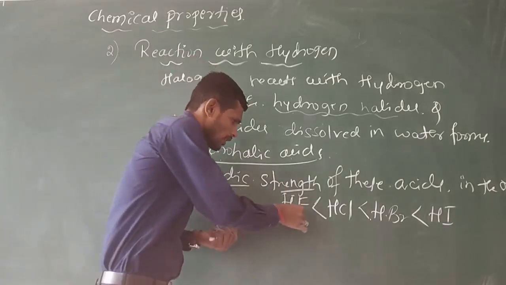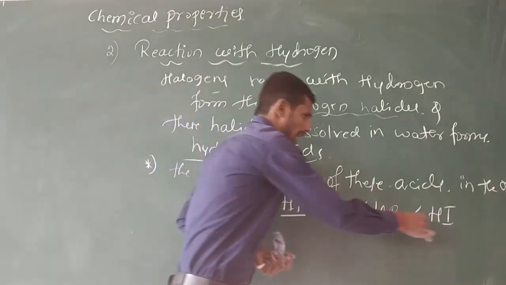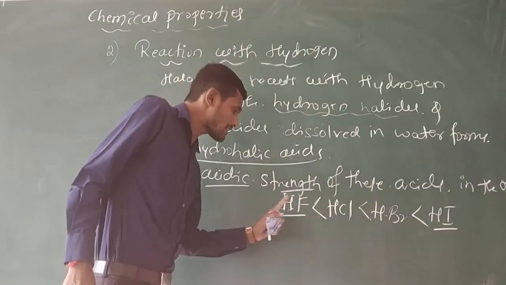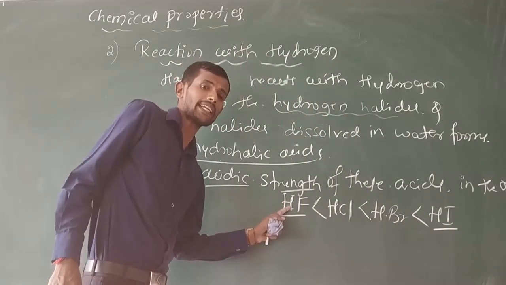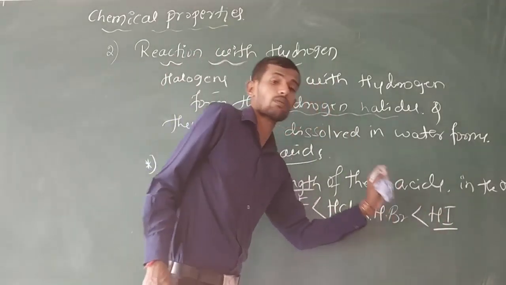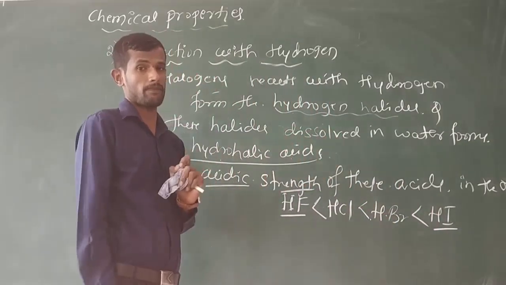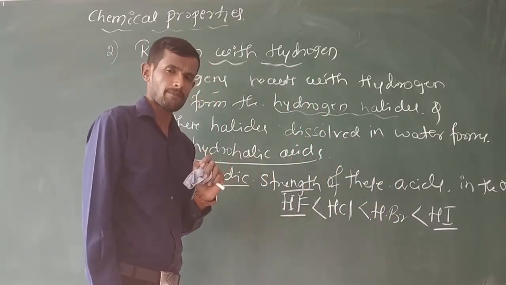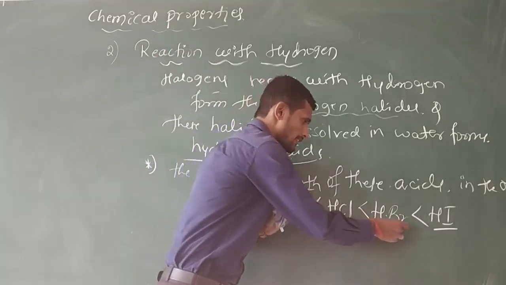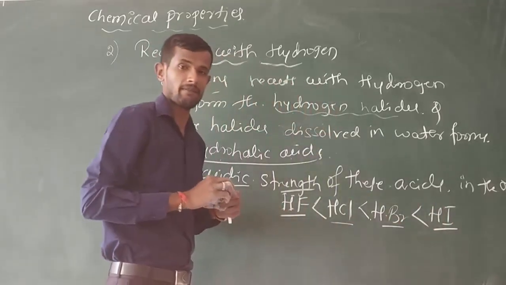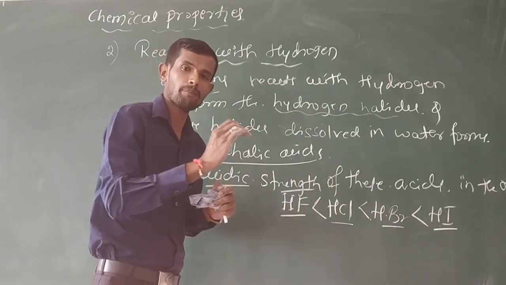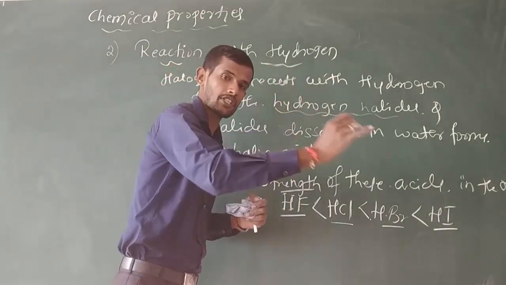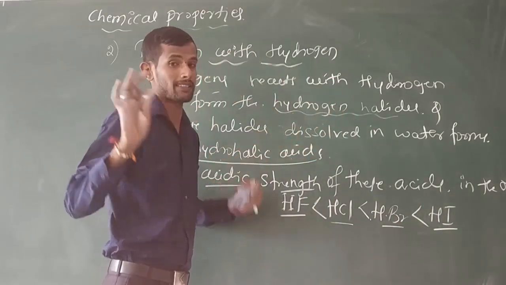Students, between HF and HI, HF is one of the weak acids and HI is one of the strong acids. Why? Remember one point. HCl, HBr and HI completely undergo ionization when reacted with water.